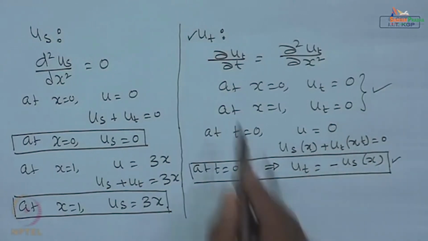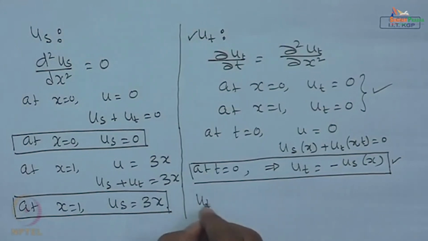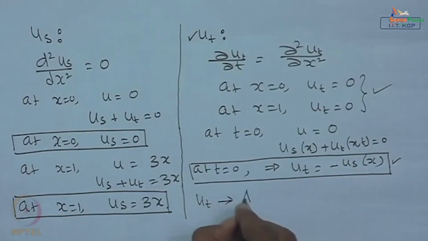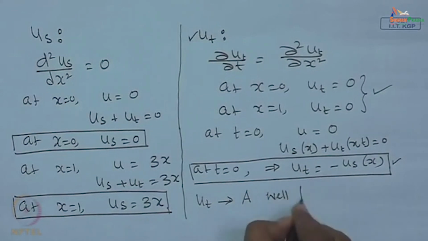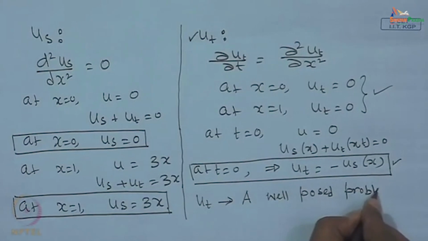So, we converted u t into a well posed problem. So, this u t has now become a well posed problem. And we know the solution of the well posed problem in the earlier case.